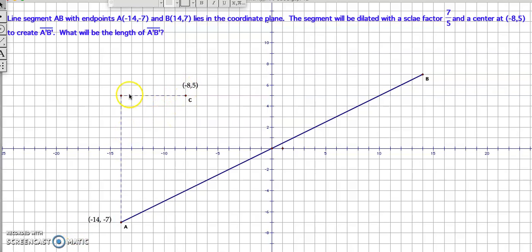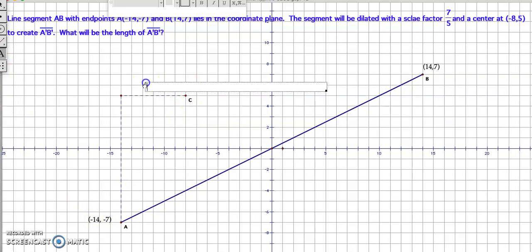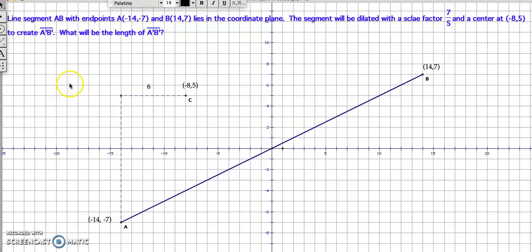So instead of counting boxes, because that can start to get annoying, you're going from your x's horizontally from -8 to -14. If I asked you how far do you have to go from -8 to -14, you're going to say 6, right? And then vertically, you're going from 5 all the way down to -7. So you're going down 5, and then you cross the x-axis, and you're going down another 7. So that's going to put you at, you guessed it, 12.